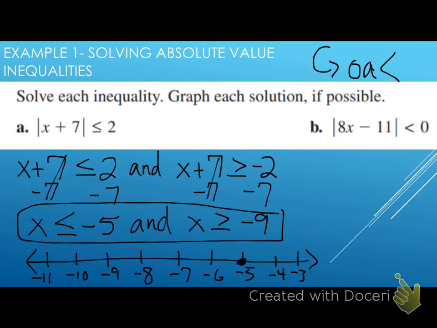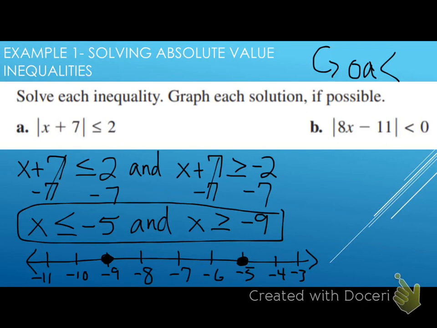Closed. It's got that bar underneath that inequality symbol. Open or closed circle on negative 9? Closed. Once again, it's got that bar under it. It's an and compound inequality. So do I want the intersection or the union of the two graphs? Intersection.